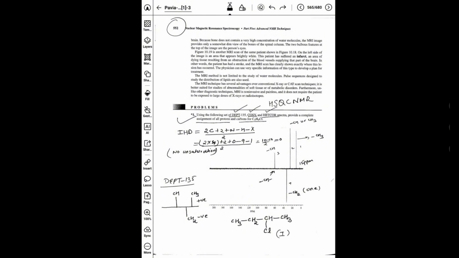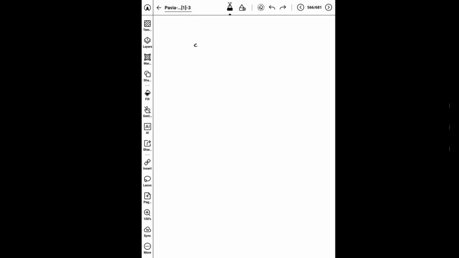Now you can say that no, there is another possibility also. What is that another possibility? You can write this molecule like this: CH3, CH, CH3, chloro, and this one. So if you write this molecule like this, then how many CH3 should you have? You should have 3 CH3 and 1 quaternary carbon. So this is not possible, right? Now another possibility is CH2, then you can attach chloro, CH2, CH2, then CH3.